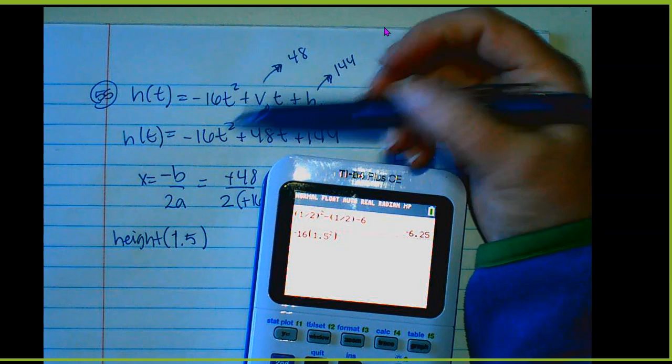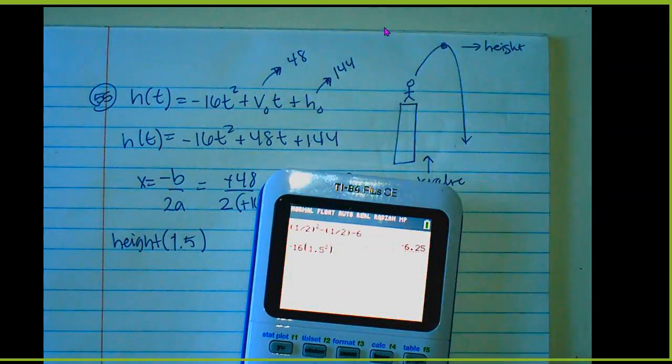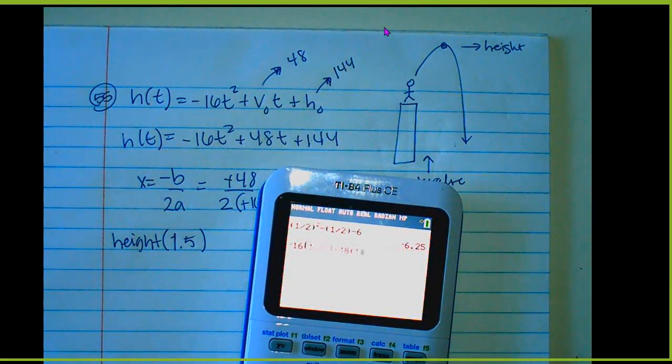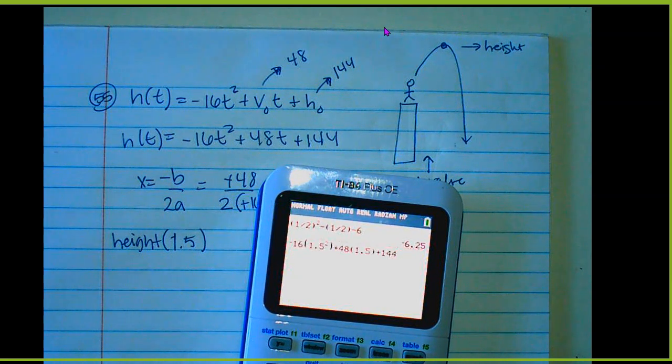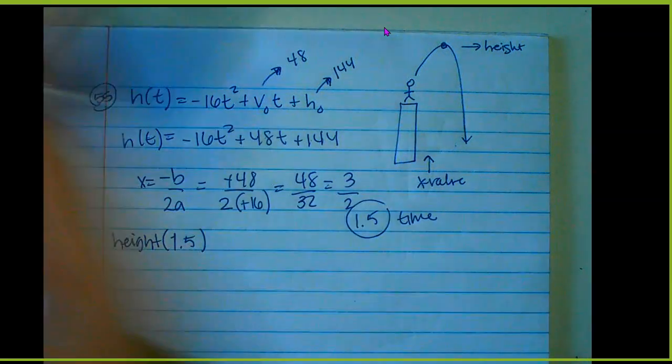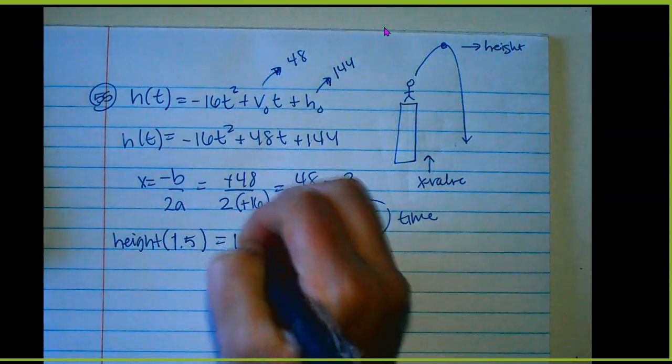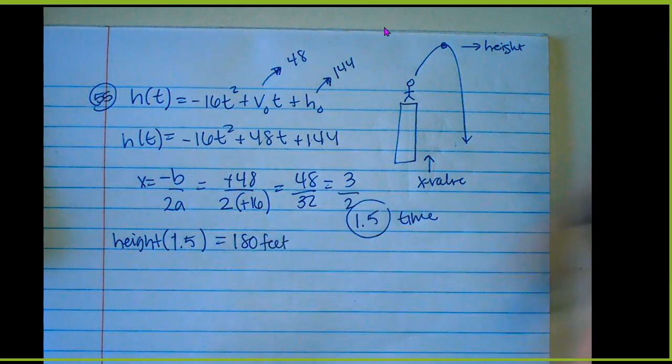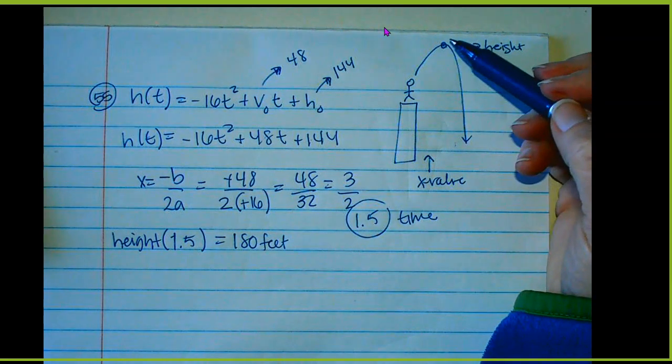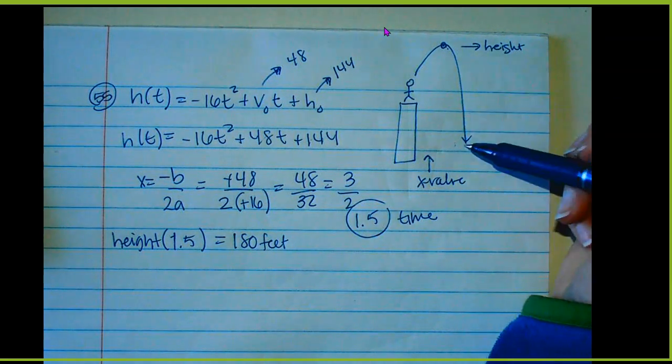So I'm plugging it in right here. Plus 48 times 1.5 plus 144, and it should be bigger than 144, and it's 180. So that is 180 feet. So the ball is thrown up, and then it reaches 180 feet, and then it starts to go back down.